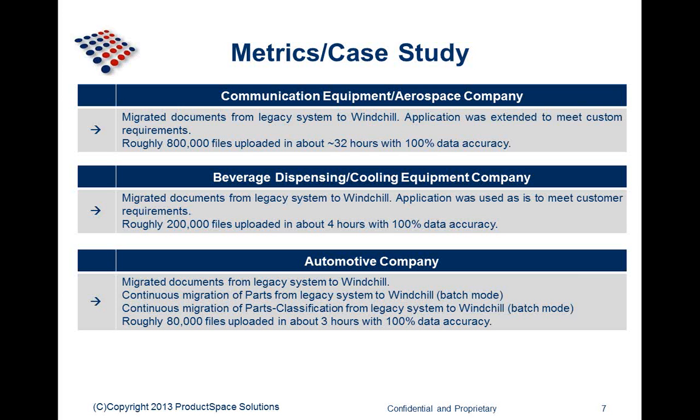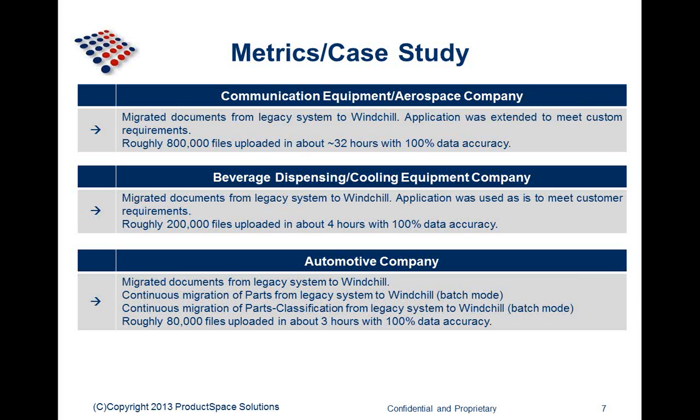So in this case, the performance was acceptable. We loaded about 25,000 objects per hour. The main value add in this particular case was that the data was migrated with 100% accuracy, which reduced the timeline, and it also improved the system usage.